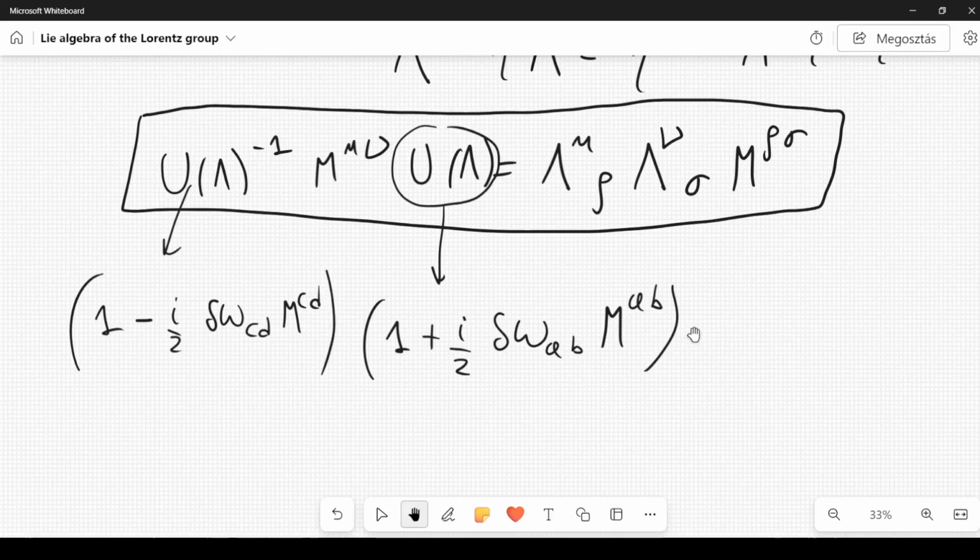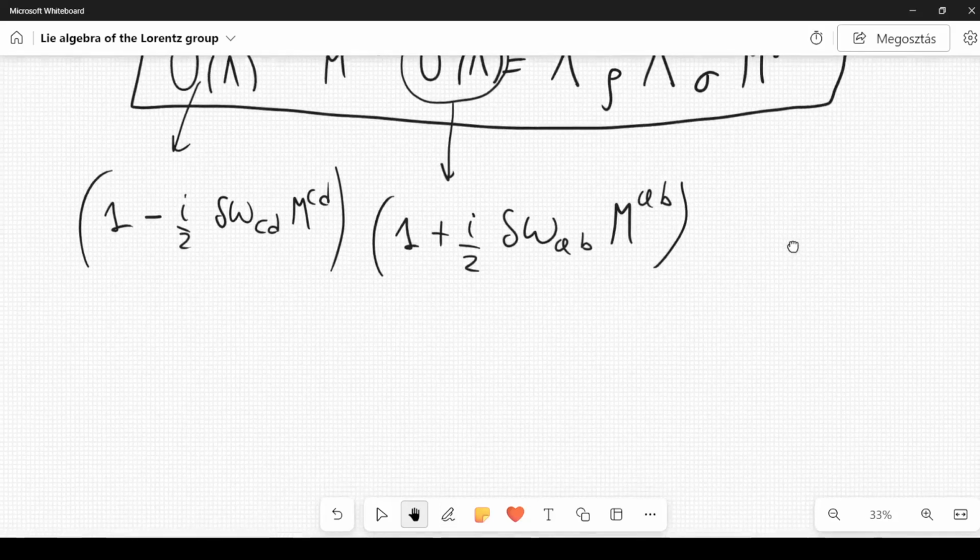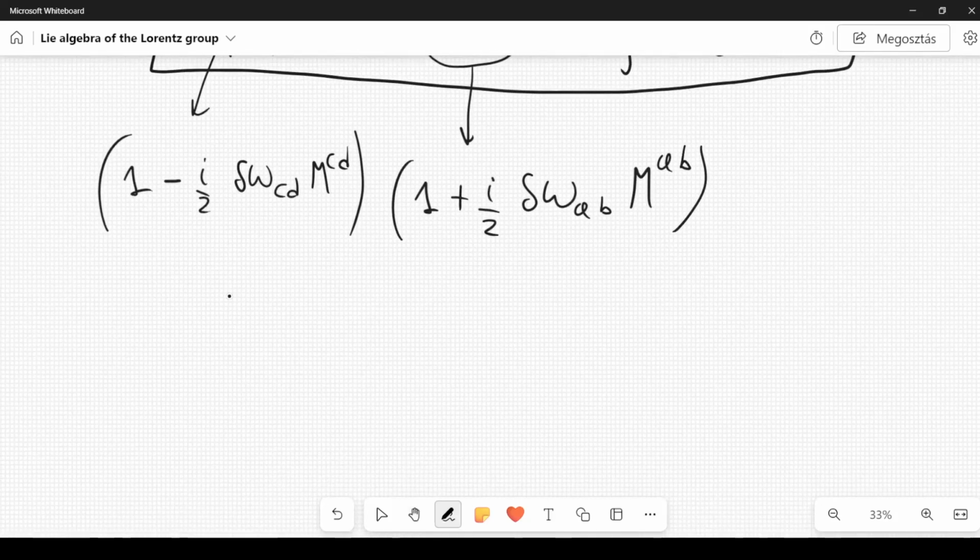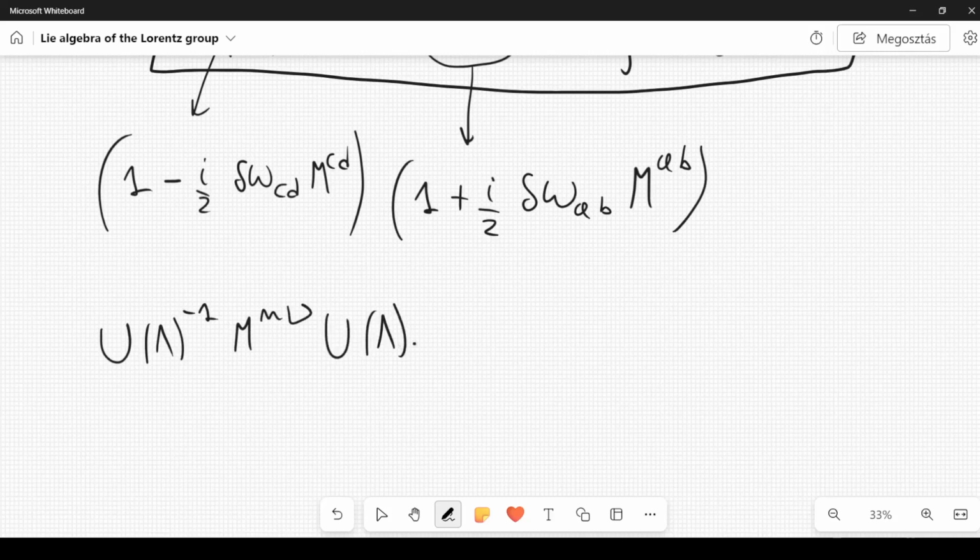So let's rewrite U of lambda inverse M mu nu U of lambda. So we have the identity minus i over 2 delta omega. So we can either use CD or other indices. Since they are dummy indices, the important thing is to differentiate these indices from these indices here.